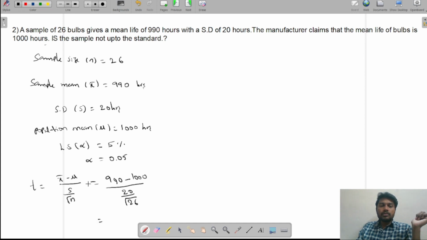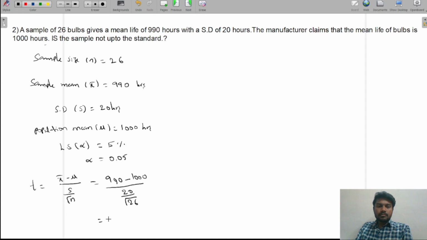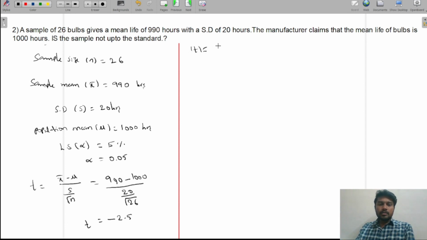So what's the solution? Minus 2.5. This is the value of t. Then what is the value of modulus of t? Modulus of t equal to 2.5. So I got t equal to minus 2.5, then modulus of t becomes positive.